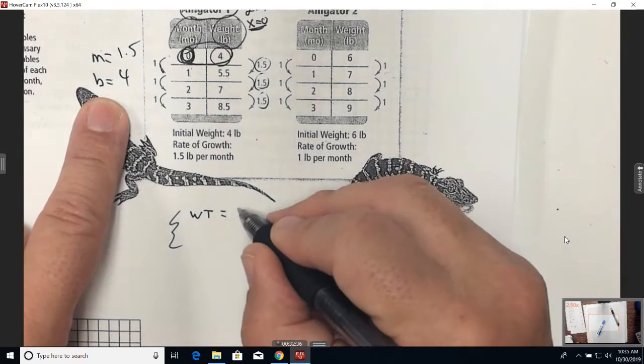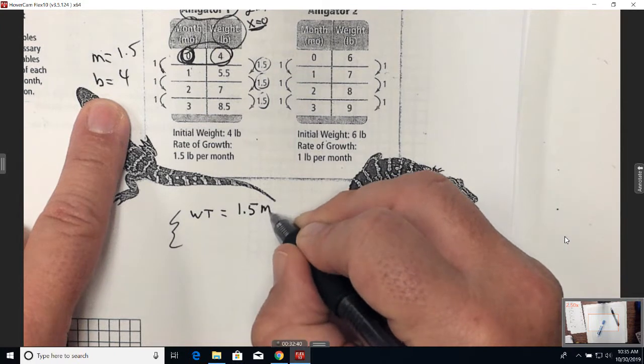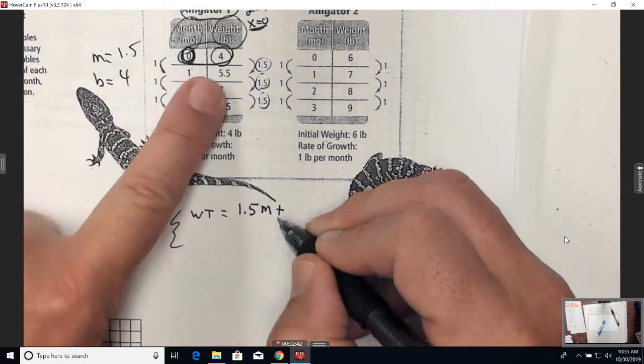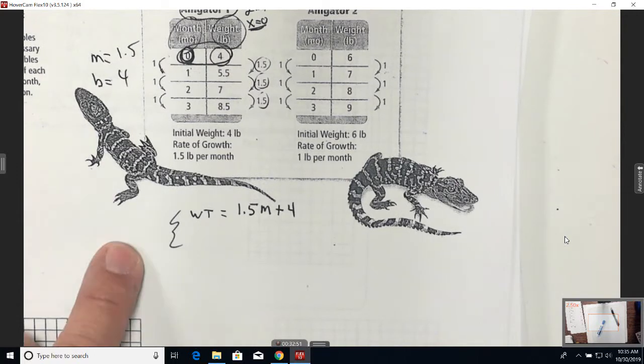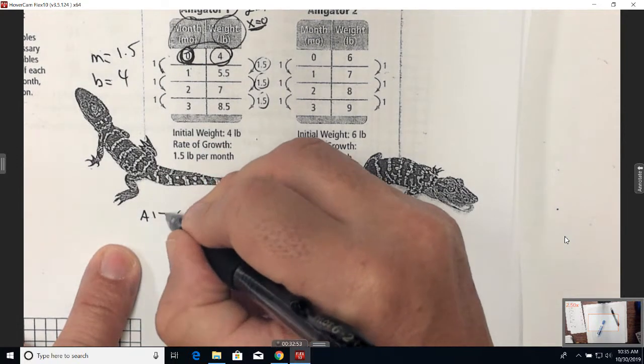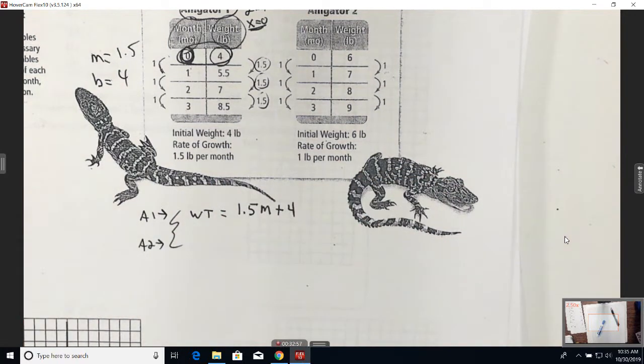So the weight is the rate at which it's growing, which is 1.5 times the number of months, plus the initial weight when you first began recording how big that alligator was. You got it? So that's for what alligator? That's for alligator 1.